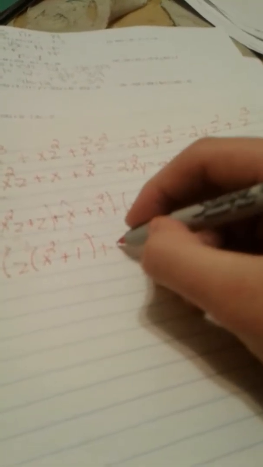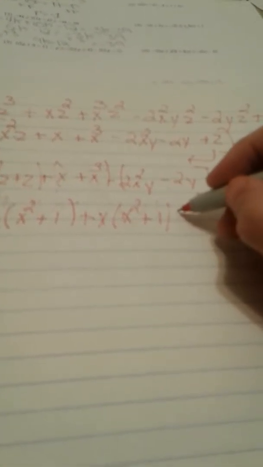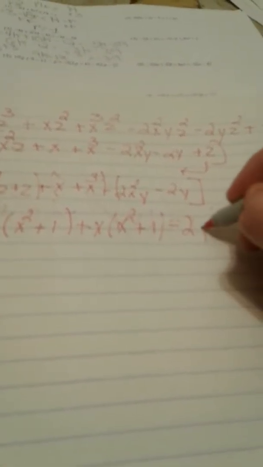Second piece, you have a greatest common factor of positive x squared plus 1. And for the last and final piece, you have a greatest common factor of negative 2y of x squared plus 1.